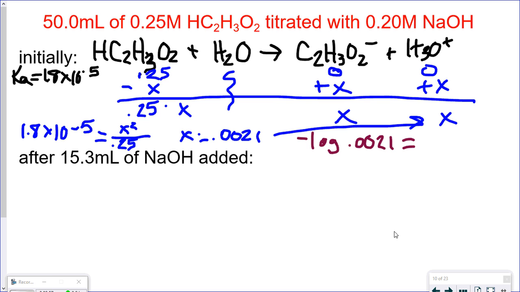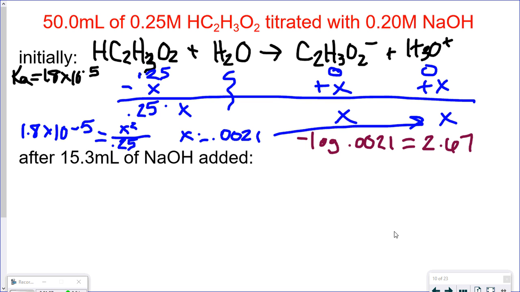So just like we stated before, this should be at a higher pH initially than if we were dealing with a strong acid. All of the problems with weak acids and weak bases will have a lot of ICE tables. So give yourself space to write, as you saw with my problems up above.